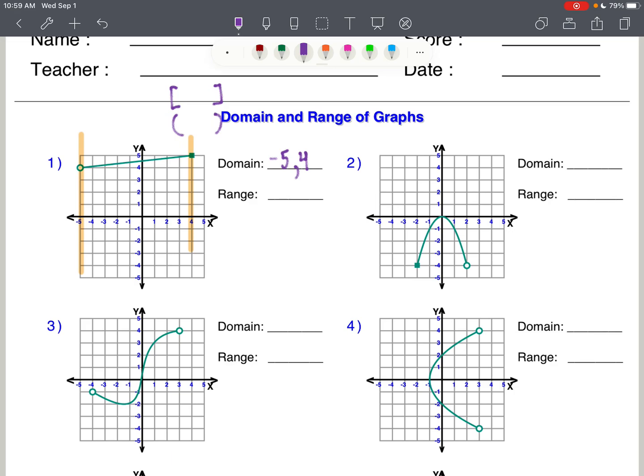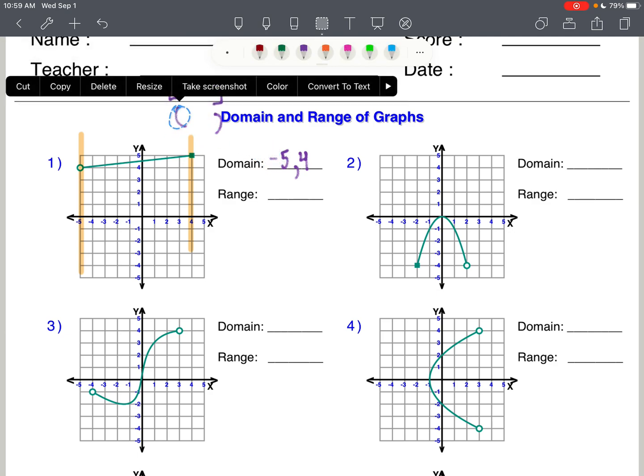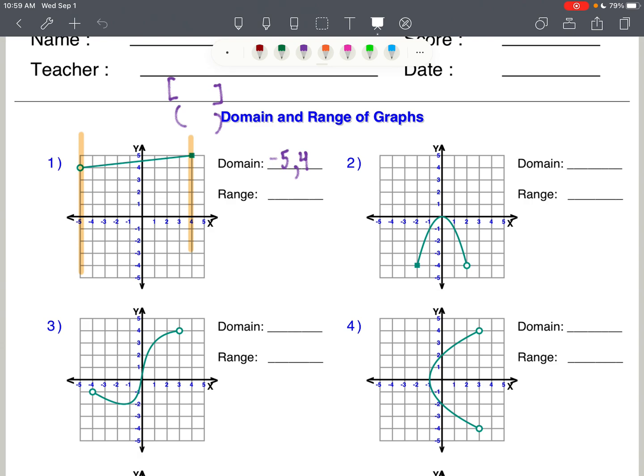Now we need to figure out whether we use a bracket or a parenthesis for the left end. So we look at our graph and ask, when I put a -5 in, is that an open circle or a closed circle? Is there an ordered pair that starts with -5 and gives me a value for y? The answer is no, because it's an open circle.